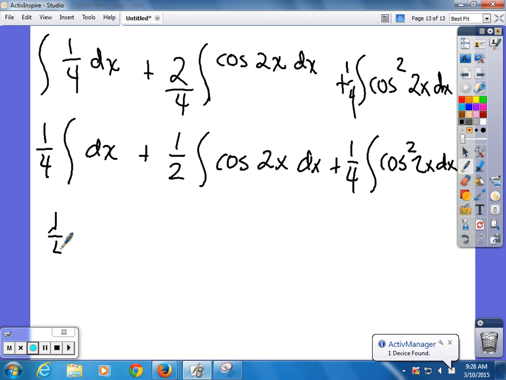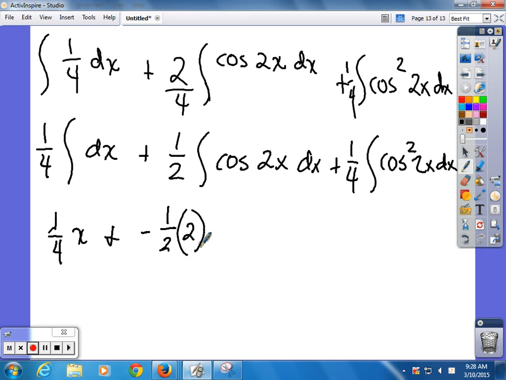So what's this? 1/4 x? Yeah, I did that one for you. Make sure I didn't make a mistake. Plus 1/2. This is 2x, so that would be a 2 out here, which would be 1/2, right? The antiderivative of the cosine is the what? Times 2. What's the antiderivative of cosine? The sine, the positive sine, right?